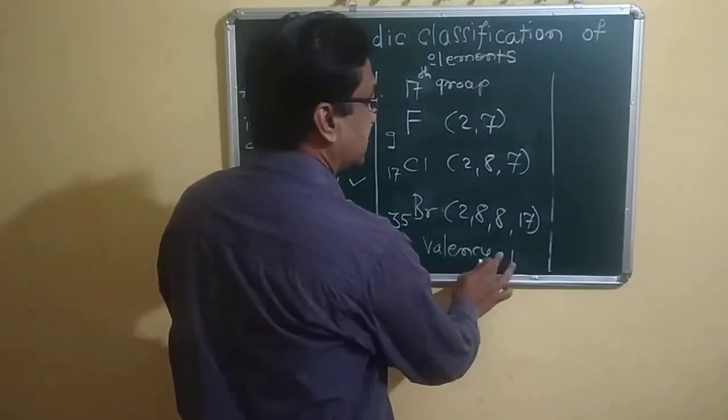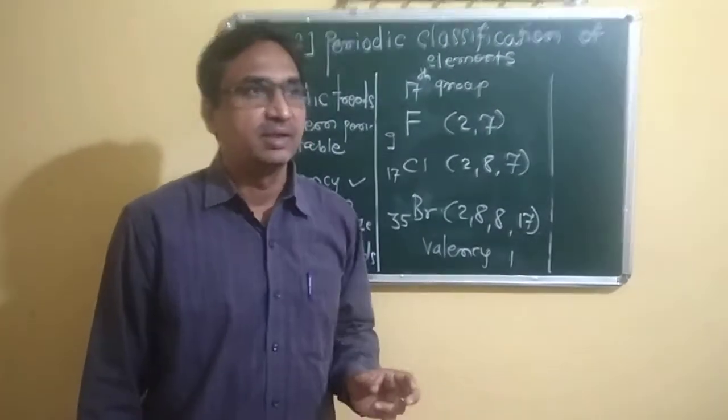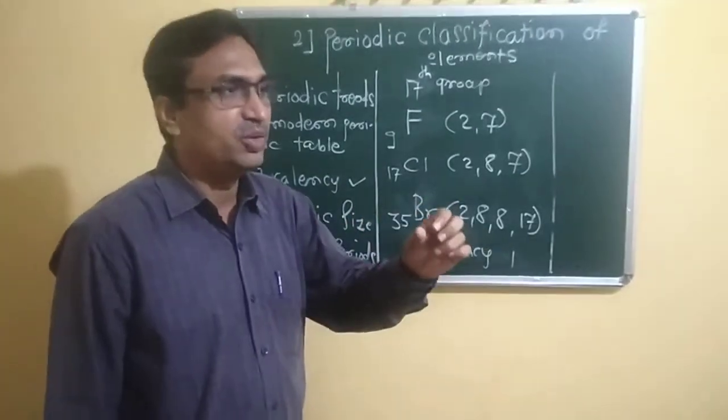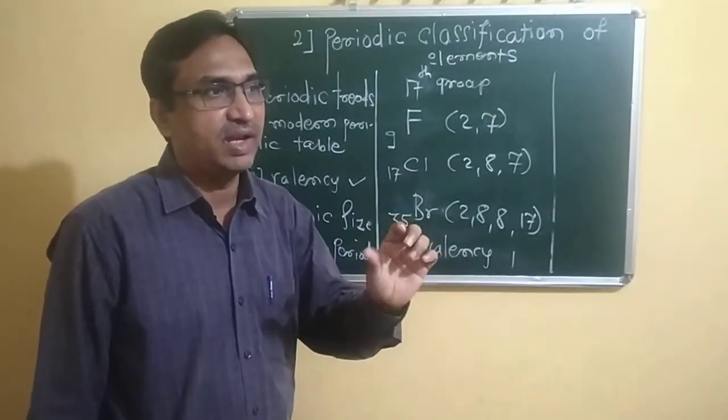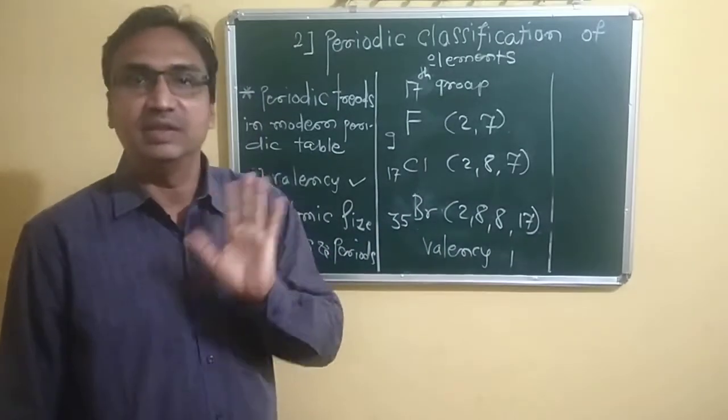We are not taking into consideration whether valency is positive or negative, only the magnitude. Magnitude means how many electrons, what is the valency, 1 2 3 4 3 2 1, in this way.